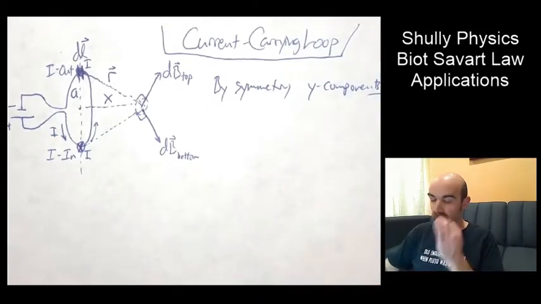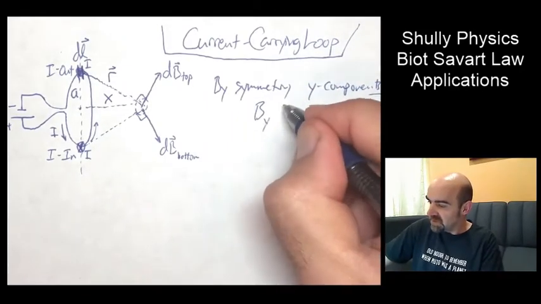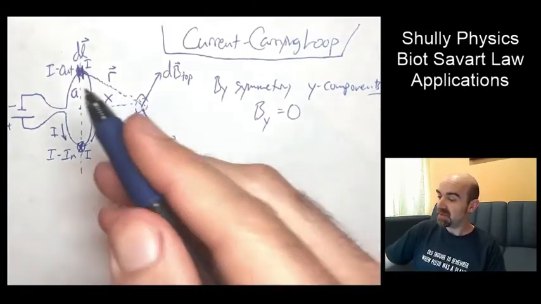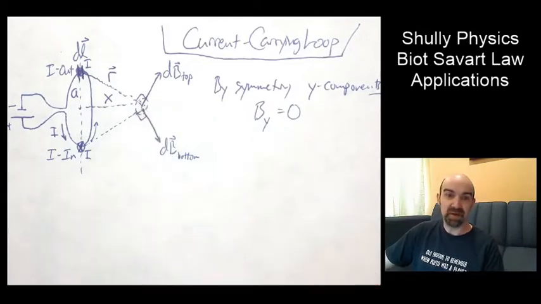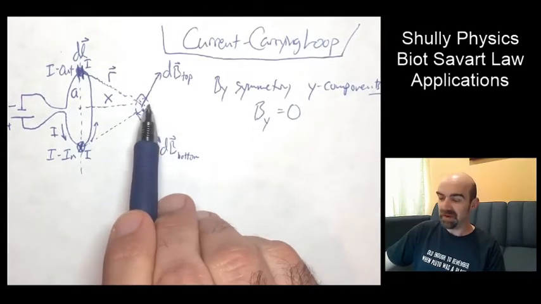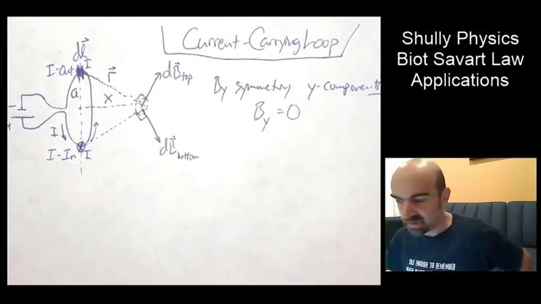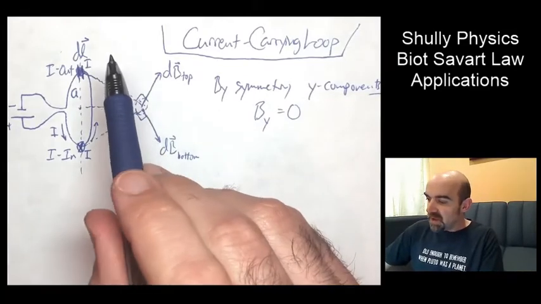The magnetic field in the y direction is 0. There's no y direction magnetic field here, but there is a sum of x direction magnetic field that's pointing outward in this case. So we're going to have to come up with a component here and use some angles and such.